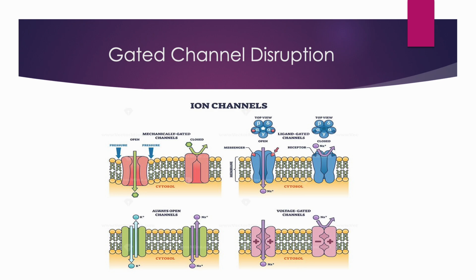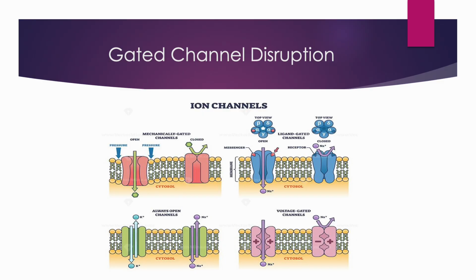Okay, so now that we covered the process in which gated channels form and where they reside, I think it makes sense to go over what happens when the gated channel is disrupted. Here you have a chart which has the four different types of ion channels and what they look like when they're opened and when they're closed.